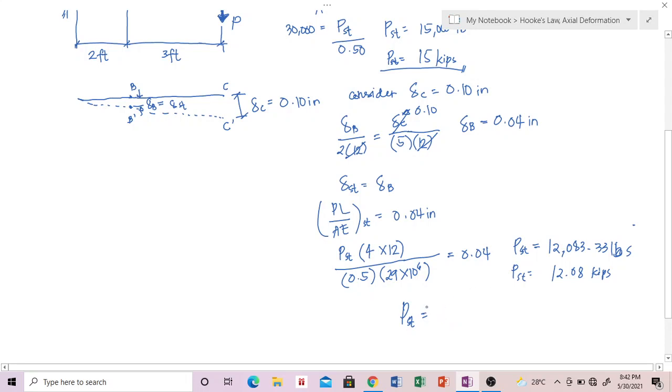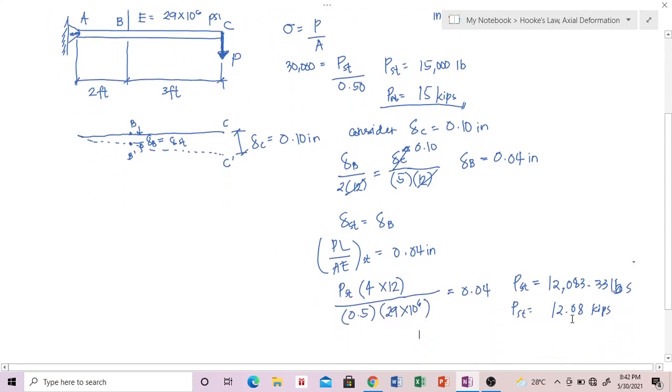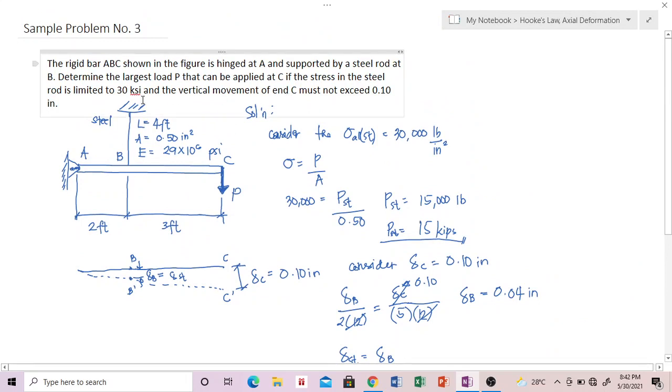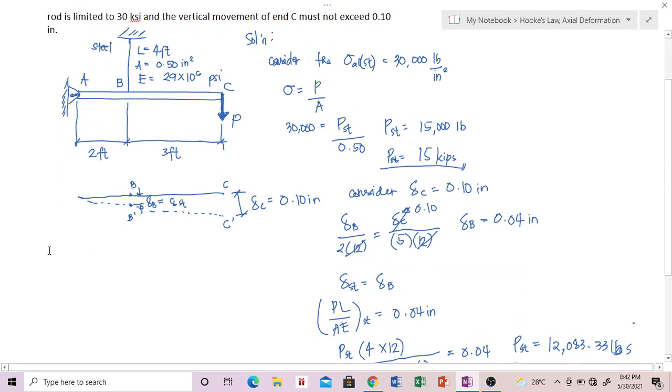But what we are looking for, class, is the magnitude of P. Right? So, this is not yet the final answer, class, the P steel, because what is required in the problem is the load P. So we need to get a relationship of P steel and P by using static equilibrium.